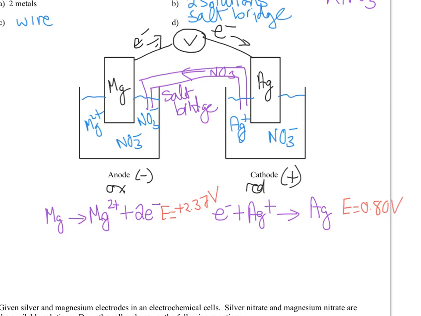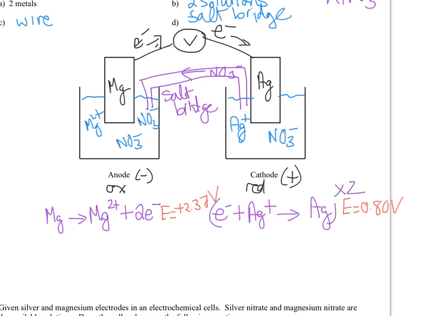If you remember when we did balancing in step 2, we would split the reaction into the two half reactions, the oxidation and the reduction, and then in step 7 we combine them back again. So these are your two half reactions, and now we need to combine them. Before we combine them, we wanted to make sure that our electrons are equal. There's 2 electrons here, 1 electron there, so you want to multiply this reaction by 2.